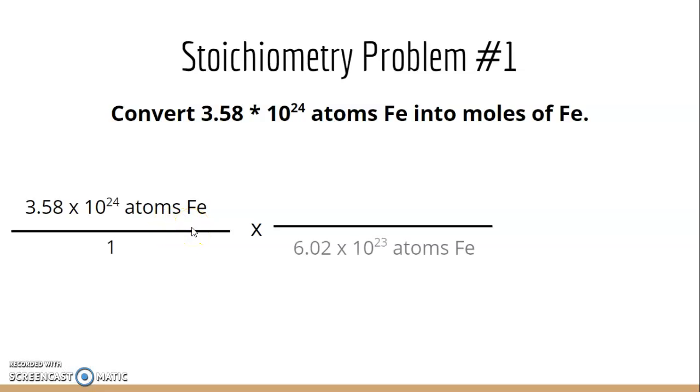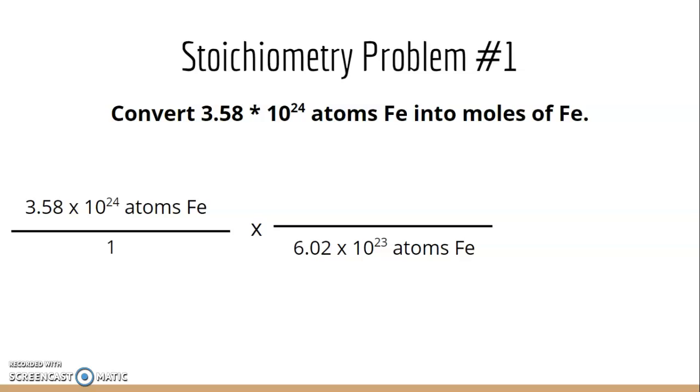So that means in our denominator right here, we are also going to have to use atoms of Fe. And you might ask, how do we know to put this value right here? Well, this is a standard value that we use whenever we talk about atoms.